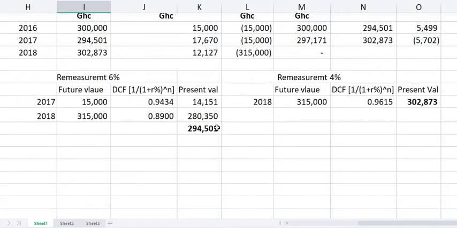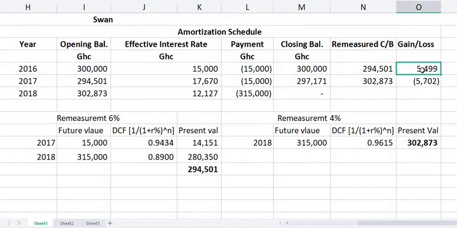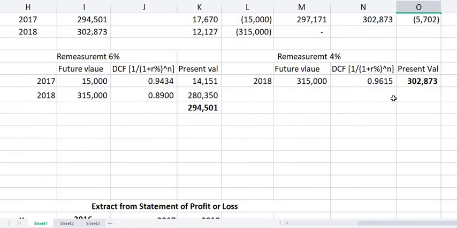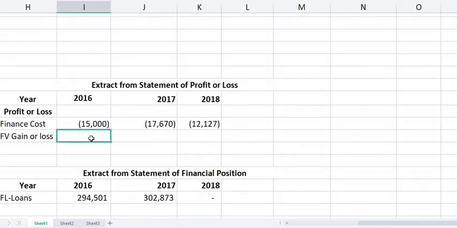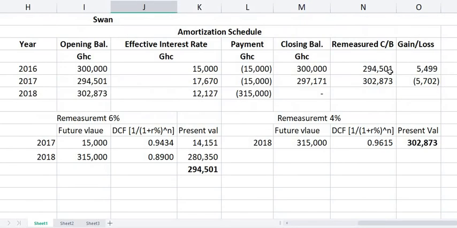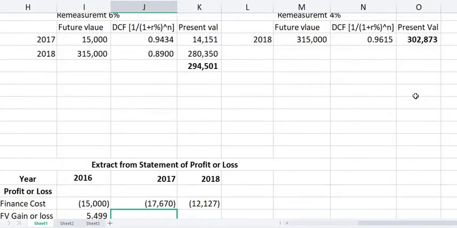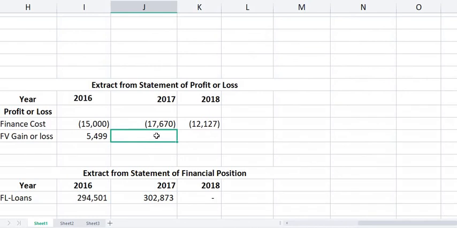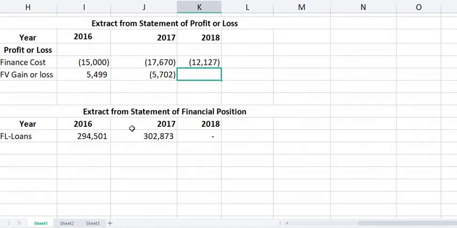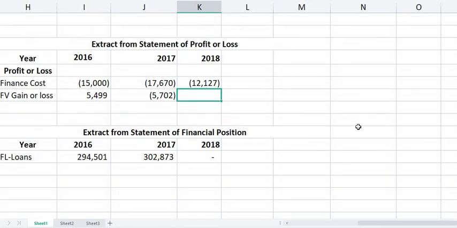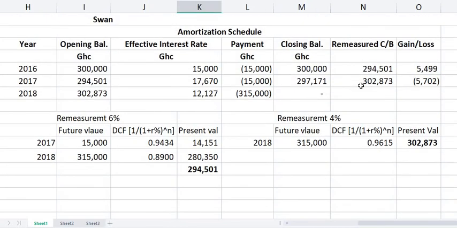Now the fair value gain. For 2016, we made a gain of 5,499, and in the second year, 2017, we made a loss of 5,702, and 2018 it was redeemed, so there is no need to check. Since the Excel has already been made, I made a formula and we have our closing balance.